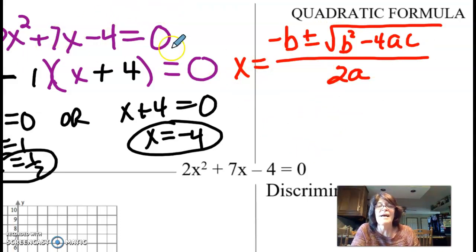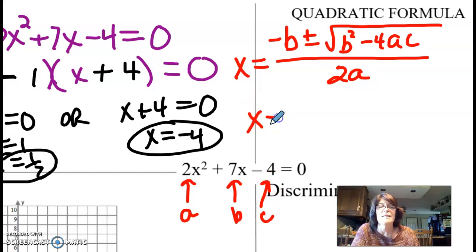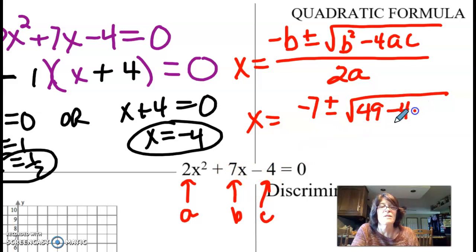So I have my equation down here. A is 2, 7 is B, and negative 4 is C. So I substitute this in, the opposite of B. B was 7, so I have negative 7 plus or minus the square root of B squared, 7 squared is 49, minus 4 times A, which is 2, times C, which is negative 4, all over 2 times A. 2 times 2 is 4.